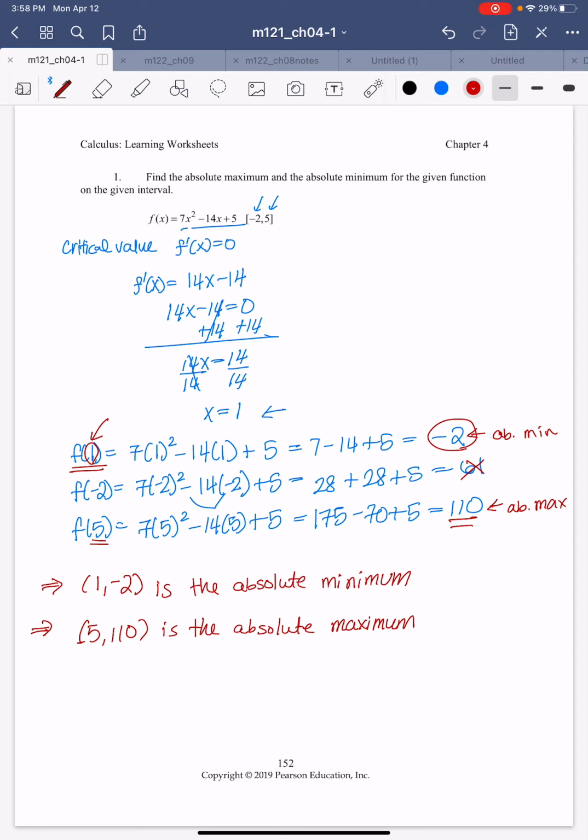Okay, so that's all there is to finding the absolute max or absolute min. Now this is our very first example, so I'm going to use a graphing calculator to check that these ordered pairs really are the highest and smallest points of our function.